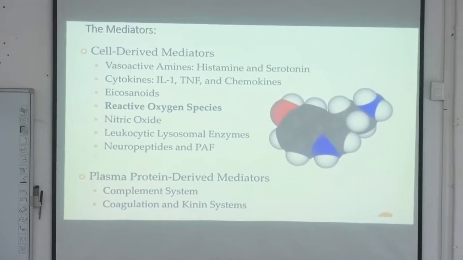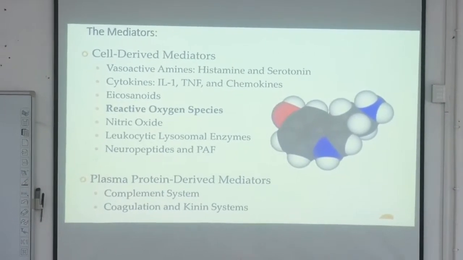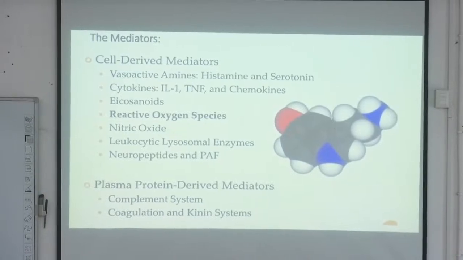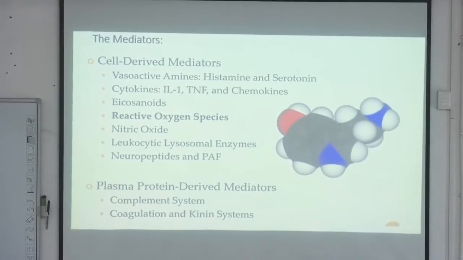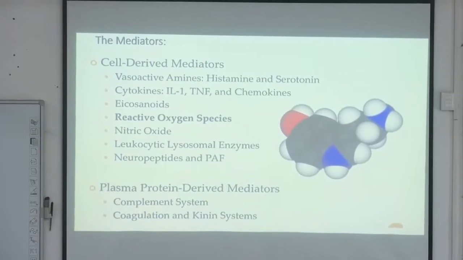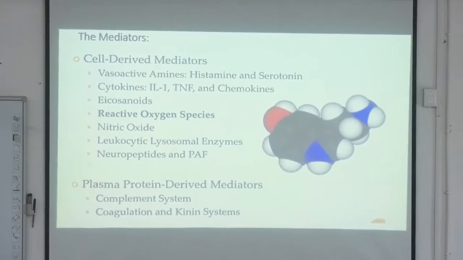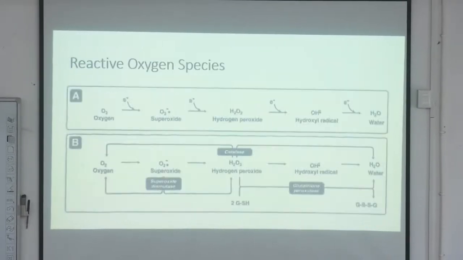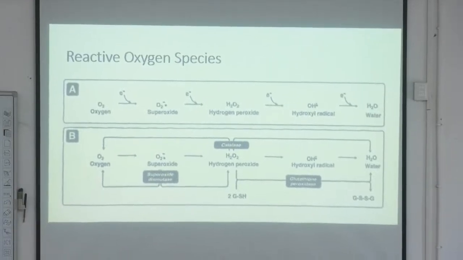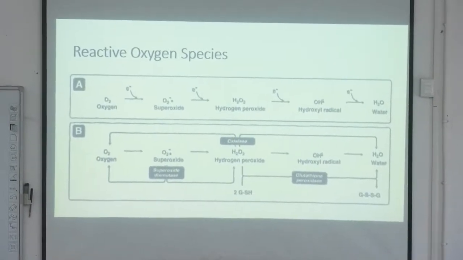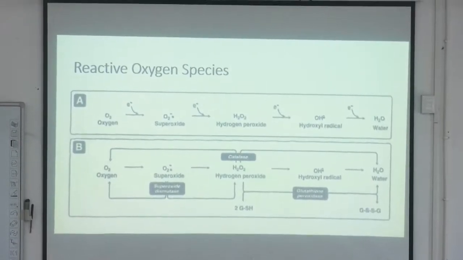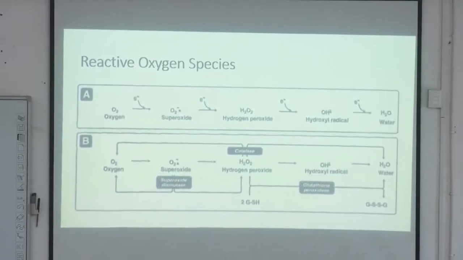Very important. These are free radicals in our body: superoxide, hydroxyl radical. So what are the reactive oxygen species? How do they form? Oxygen, by receiving an electron, forms superoxide.